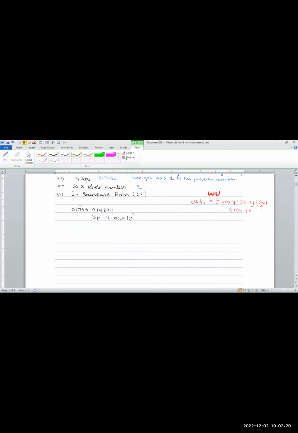For the number line, let me just teach you this way, because this is how I discovered it to make life so much easier for me. I'm going to recall the number line.